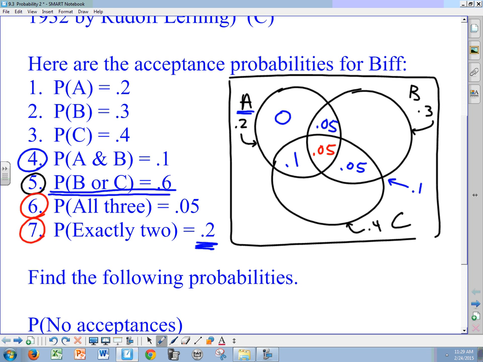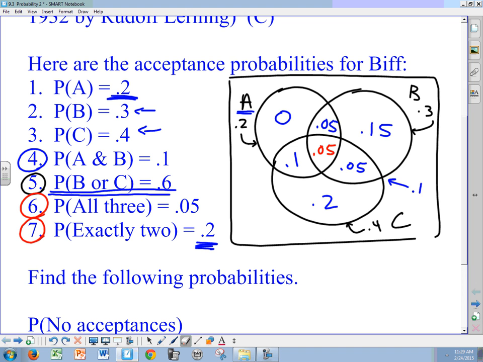In other words, it doesn't exist that he only gets accepted to A. That makes perfect sense, because if the probability of getting into A is very small, then if he gets into A, he probably got into one of the other two as well. Over here, this is going to be 0.15 if I add those all together to make the 0.3. And my last part over here, 0.2, to get that to work out as 0.4.